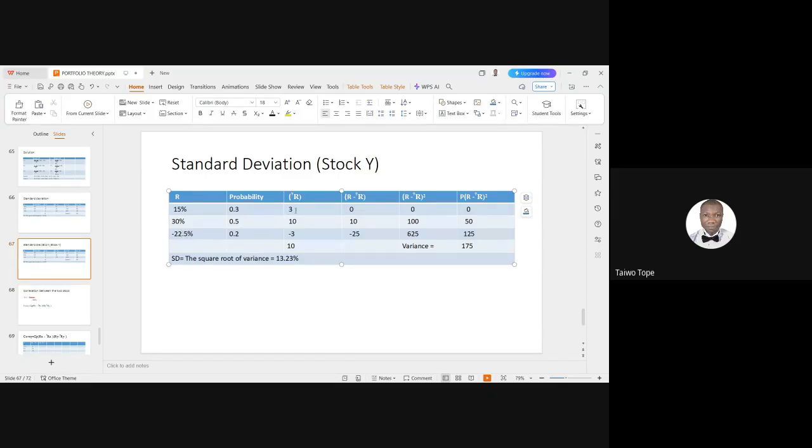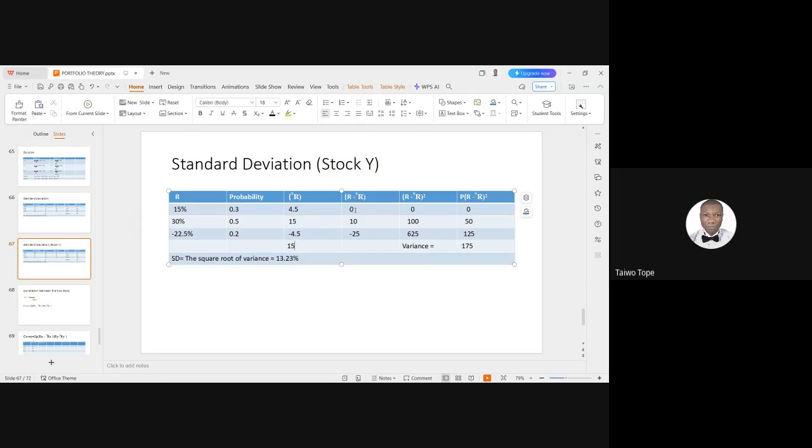Probability is the same. R bar will be 4.5, 15, minus 4.5, so you have 15.